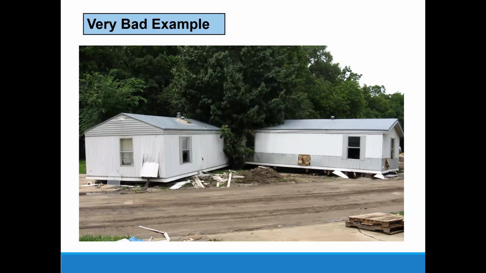So this was some years ago. This manufactured home park was flooded, and it was actually near an oxbow lake. So it was very close to the stream in an area that used to be the stream. And so this manufactured home was not elevated. It just floated away. It floated over to this tree line and was pushed up against the tree line and then snapped in half just completely.